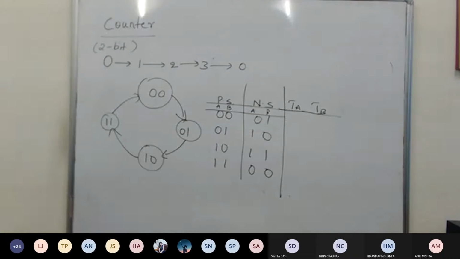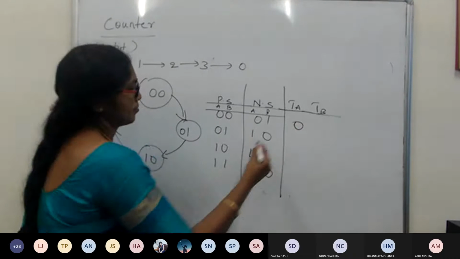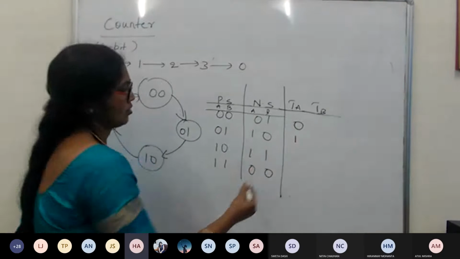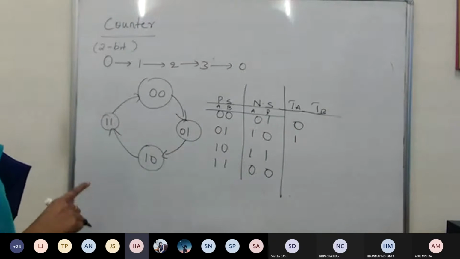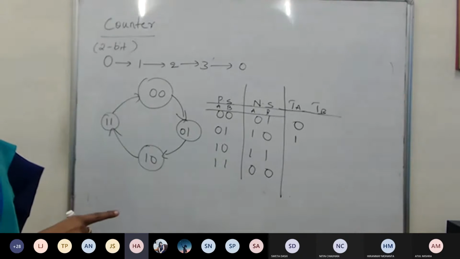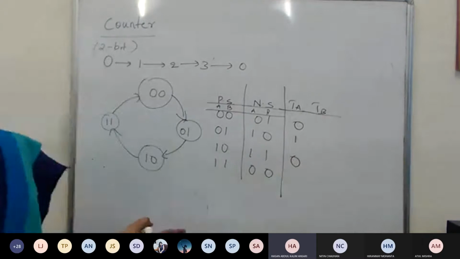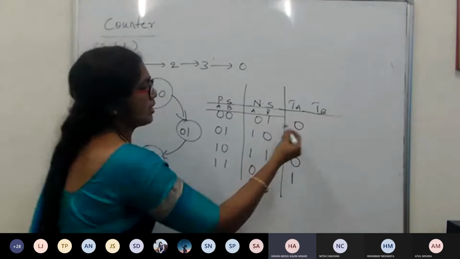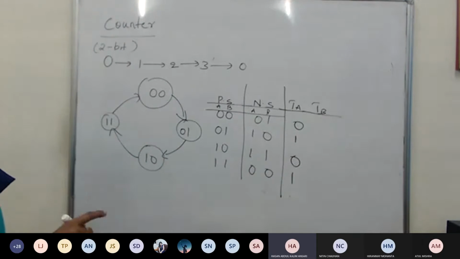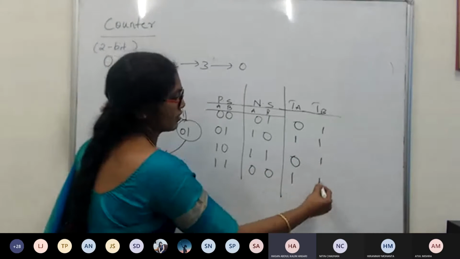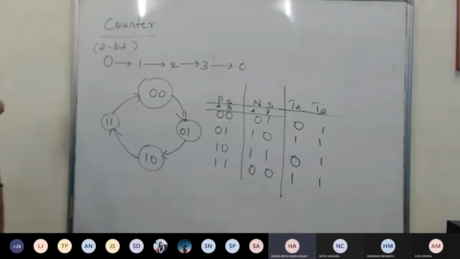So 0, 0, T is 0. 0, 1 is 0. 1, 0 is then 1, similarly TB 1, 1 is 1. All ones. Okay, so that means my TA and TB are ready.